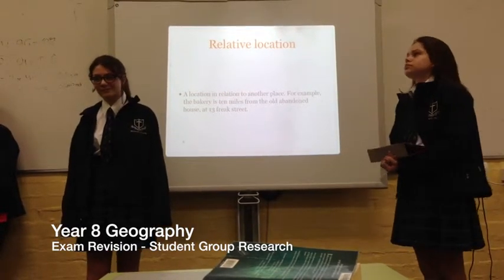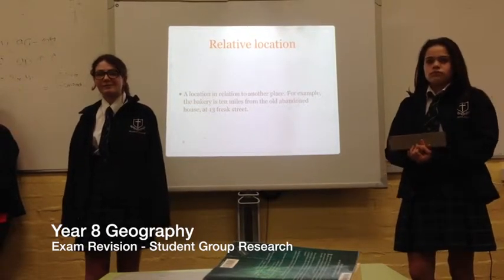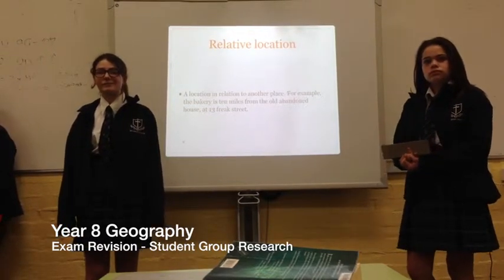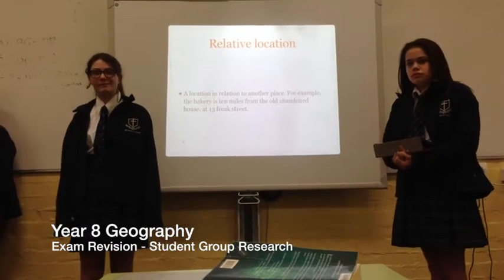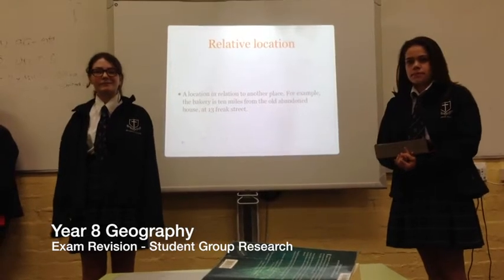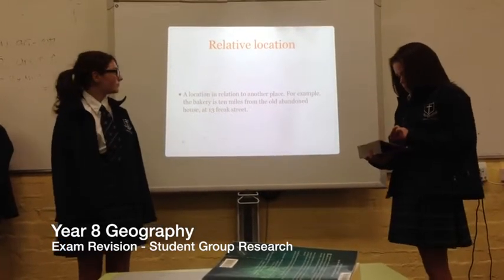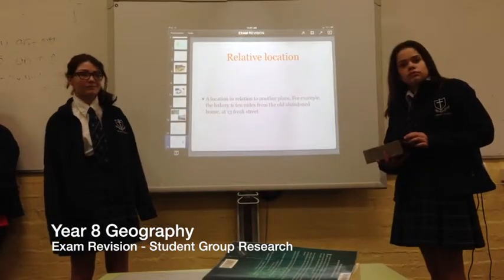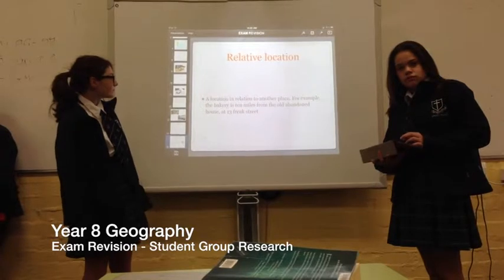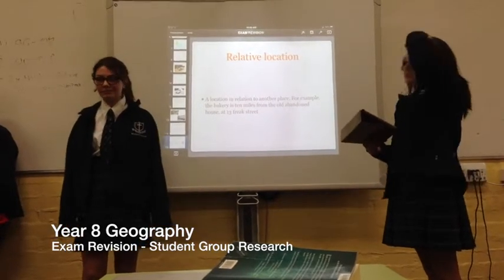So if I was to give the relative location of Mr. Deer's office, I would say it's in Braemar House, just near the end, near the Register's office. So I'm comparing it to something else that you kind of know. Okay, cool. And another little picky thing, you probably wouldn't write miles in our exam. We'd probably do kilometres, yeah? Yeah. And look, I'm just saying.